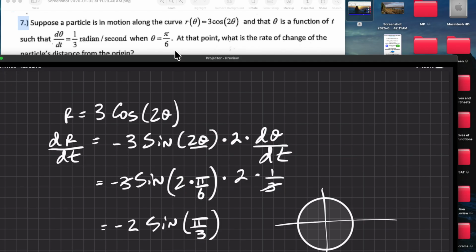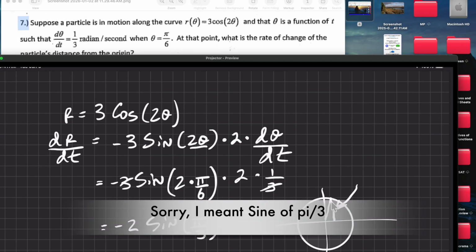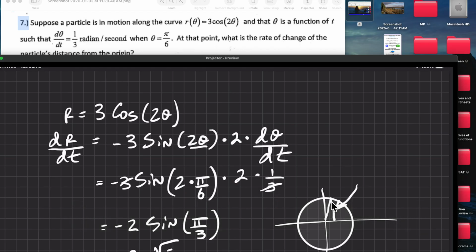So pi over 3 is going to be up here somewhere. So that y value will be the sine. This is short, I call that short and long. That's 1/2. And the sine of pi over 3 is going to be positive square root of 3 over 2. So we're going to have square root of 3 over 2 replacing sine of pi over 3. Sorry, that's off the screen.